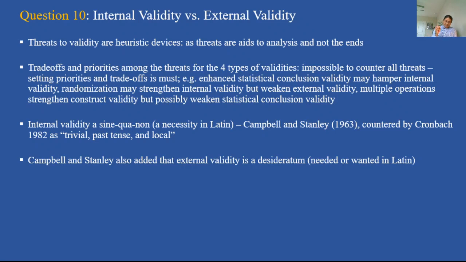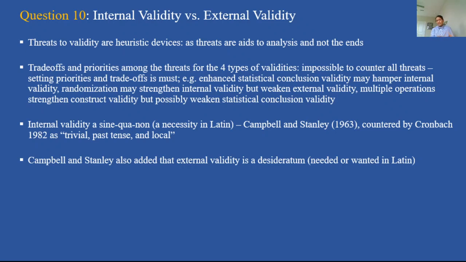Now, the book also mentions that it is impossible to successfully avoid all threats related to the four types of validity. There should be trade-offs and priorities among validity types. So let's explain this particular concept. As we all know in the field of research, it is extremely difficult, if not impossible, to counter all the threats to each of the four types of validity.